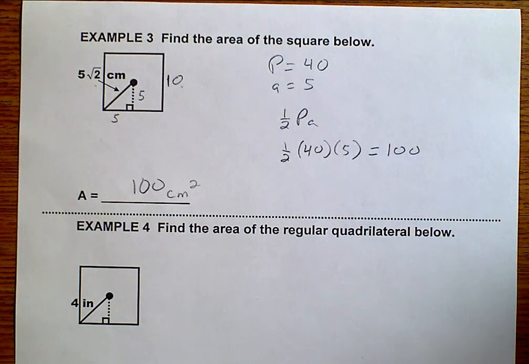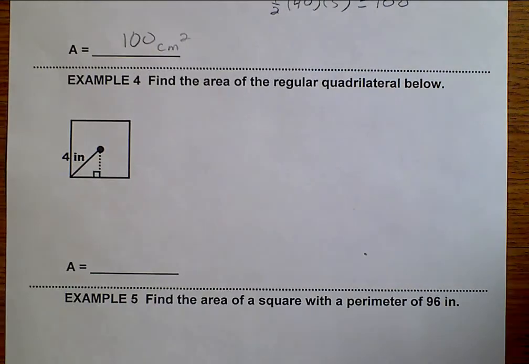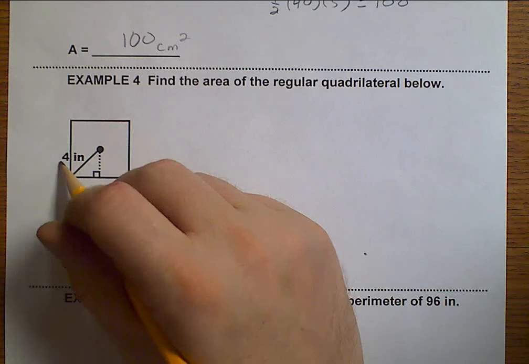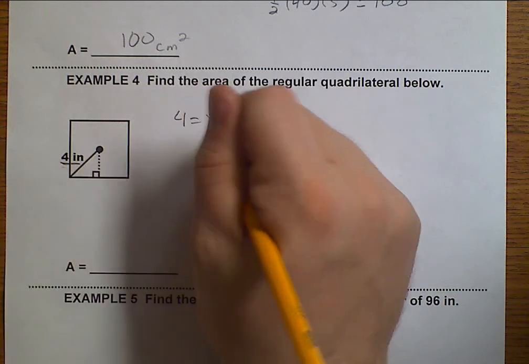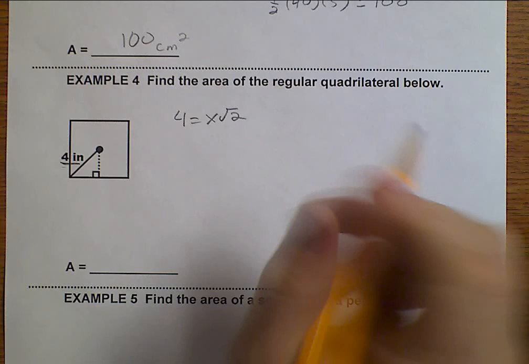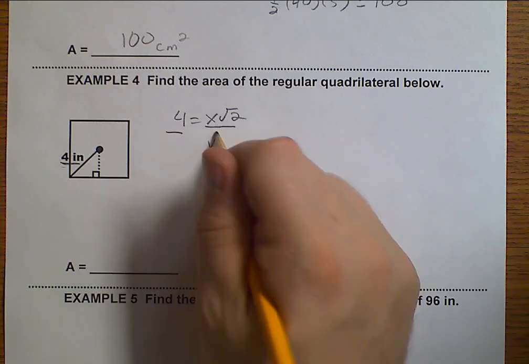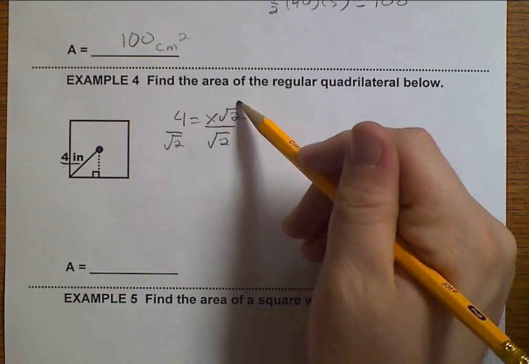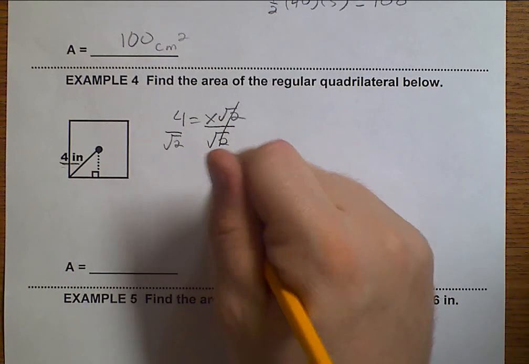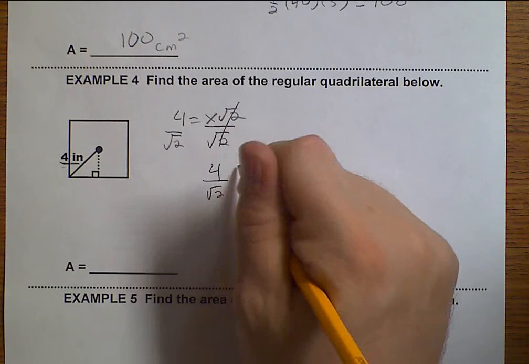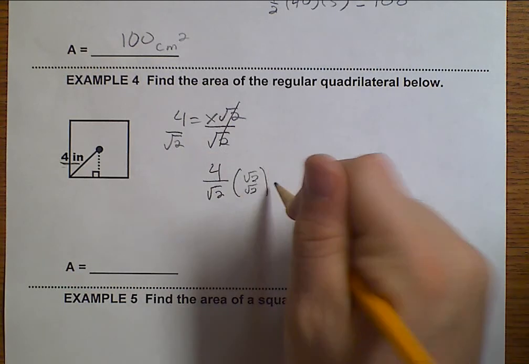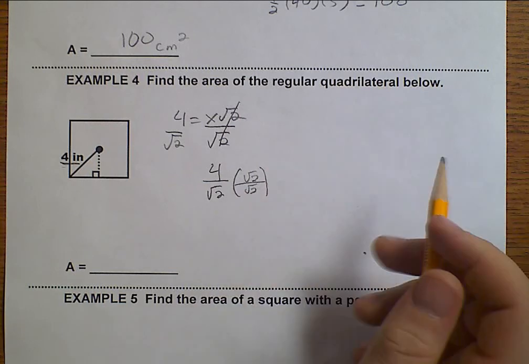Moving on to example number 4. They've given us the radius again. But this time it's a little more difficult. This time they just gave me 4. So 4 equals x square root of 2. If I'm to divide by the square root of 2, 4 over the square root of 2, I need to get rid of that square root of 2 in the denominator, so I'm going to multiply by the square root of 2 over the square root of 2.